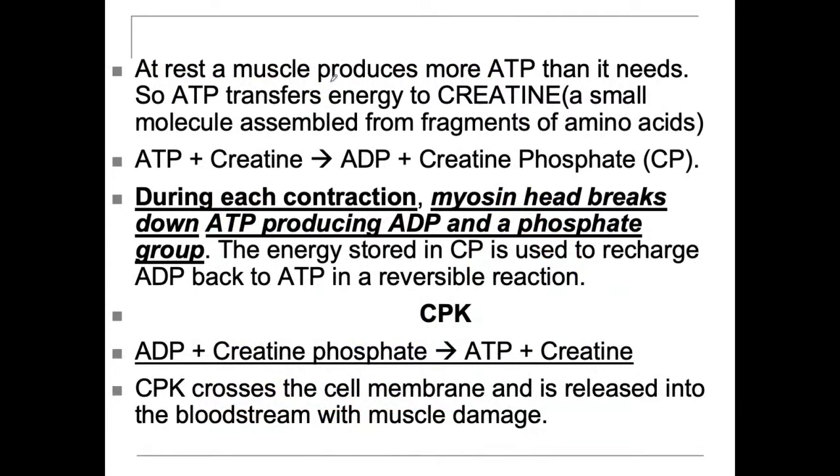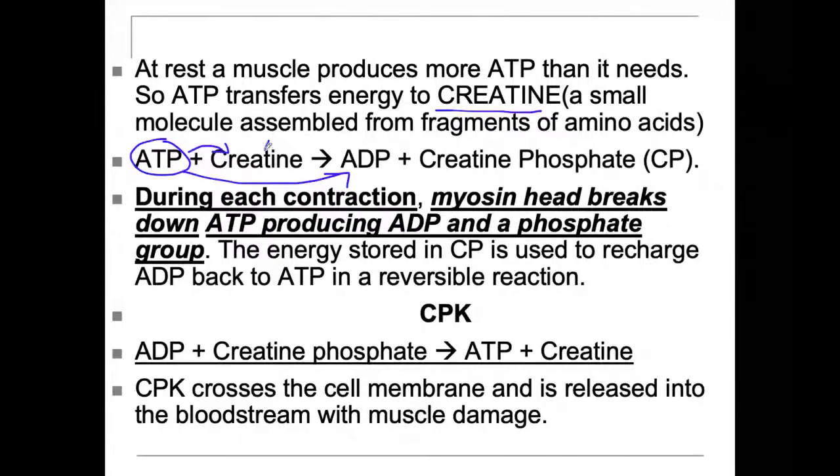Now, at rest, as I said, the muscle produces more energy, or more ATP, than we really need. So the ATP transfers some of that energy to creatine, right? So here's the ATP. It's going to transfer one of these phosphates over to creatine. So what do you get? What is ATP with one less phosphate? ADP.